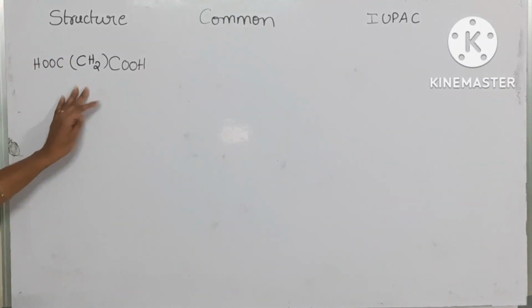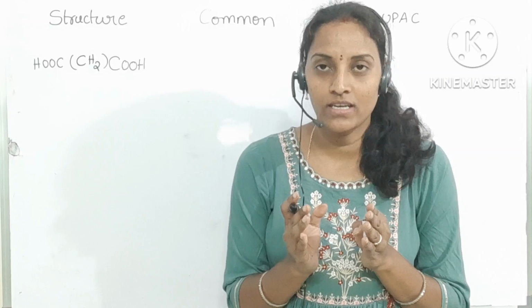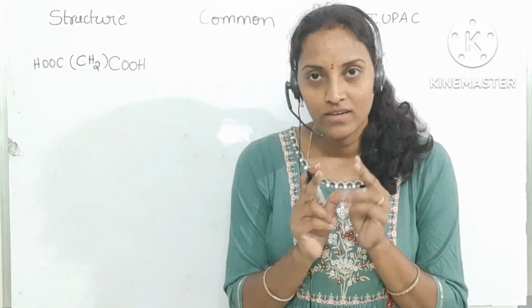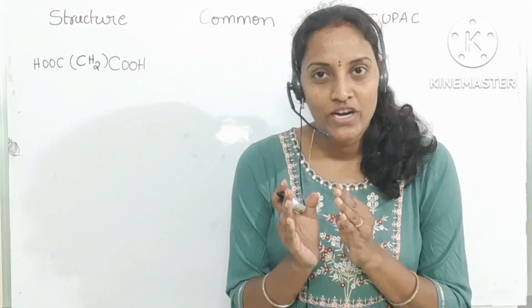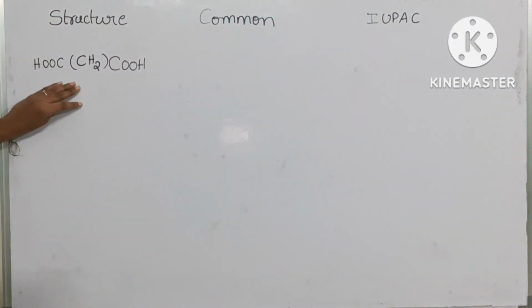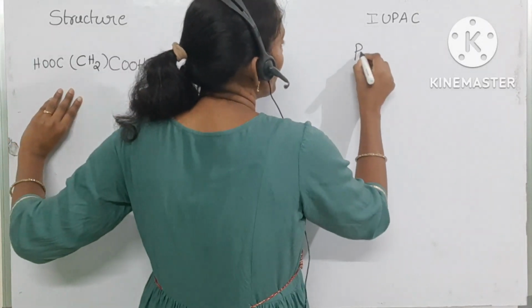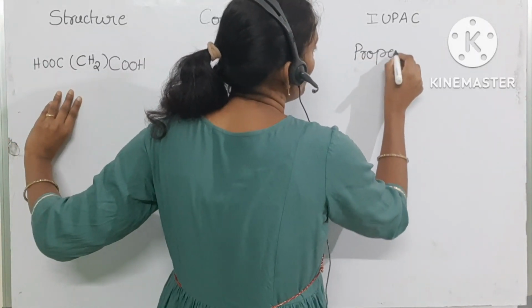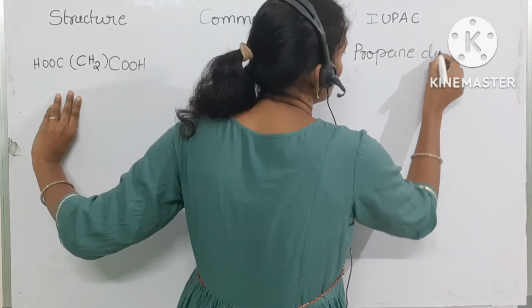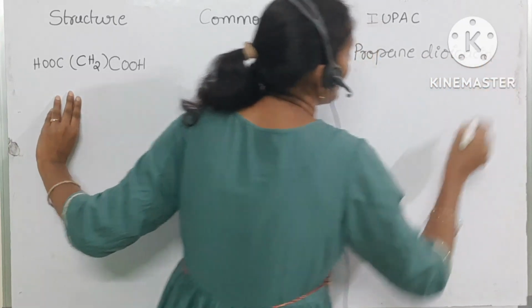Here 3 carbon atoms are there in that molecule. Out of those 3, 2 carbon atoms belong to the carboxylic groups. So how can you write the IUPAC name of this compound? Propane dioic acid.